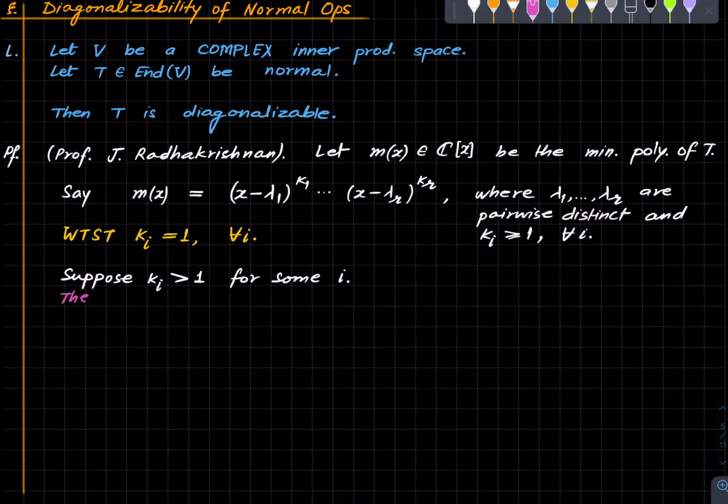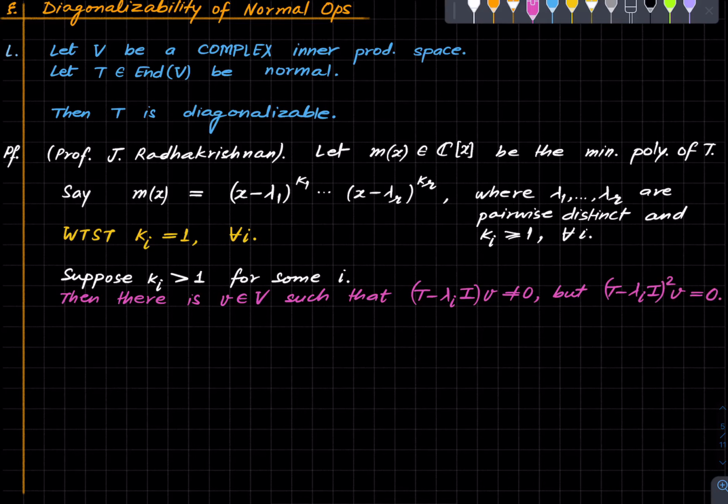Then there is a vector v such that... So why is that? Just use the primary decomposition theorem. We have seen this kind of thing many times, but what we are doing is just use the fact that we have this decomposition, the direct sum from 1 to r of kernel (T minus lambda j I) to the kj.